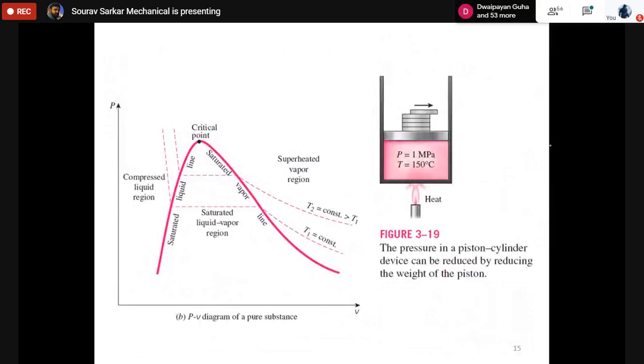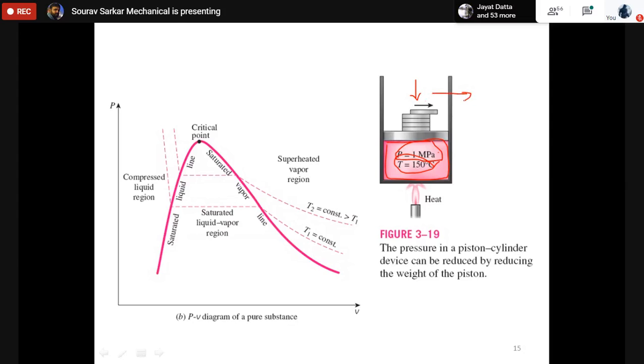So now, similarly, we can construct a PV diagram. Suppose you have some amount of liquid water at some temperature, 150 degrees Celsius, and pressure at 1 MPa. Now, if we slowly reduce the weight, what will happen?